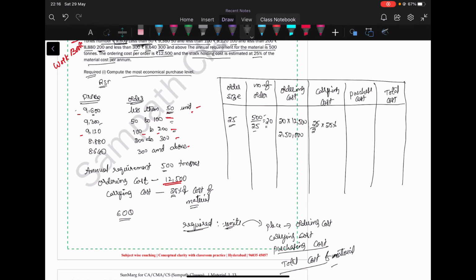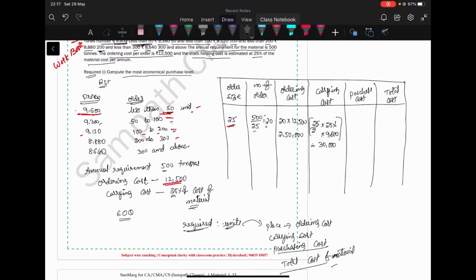When you are placing the request for less than 50 units, that is 25 units, you are purchasing at 9,600 rupees per unit. So you write in the bracket, 25 divided by 2 into 25% into 9,600. That is 30,000 rupees.